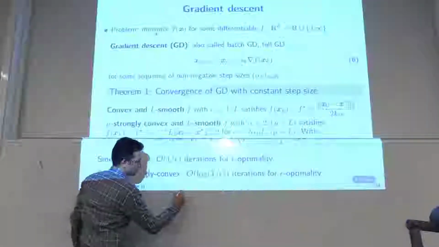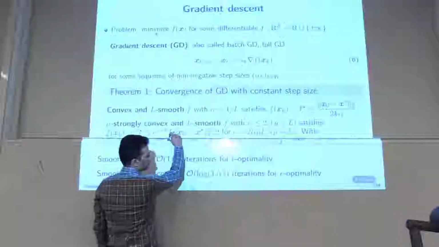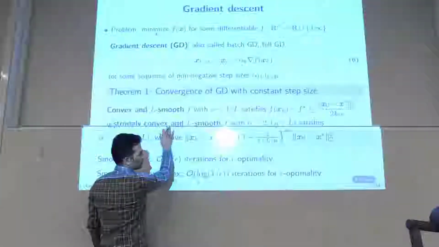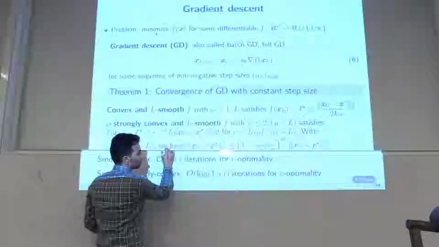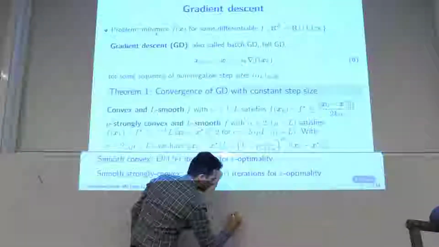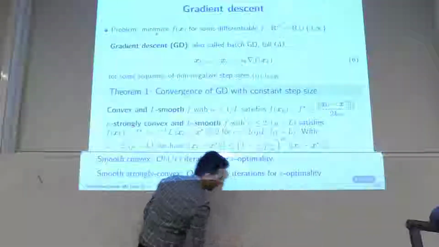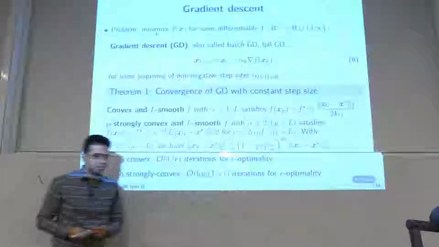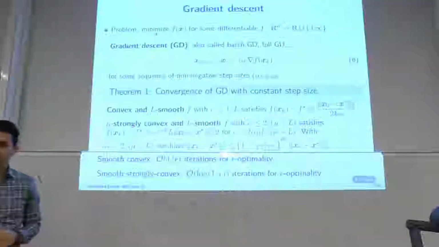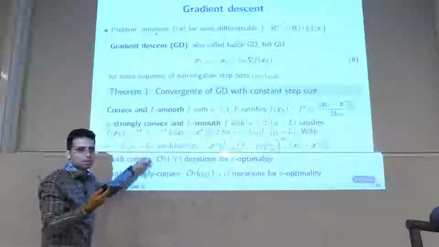xk plus 1 minus xk, norm 2 of this guy, is smaller than some constant c to the power k times b, where b is the distance of the initial guess with respect to the optimal solution.